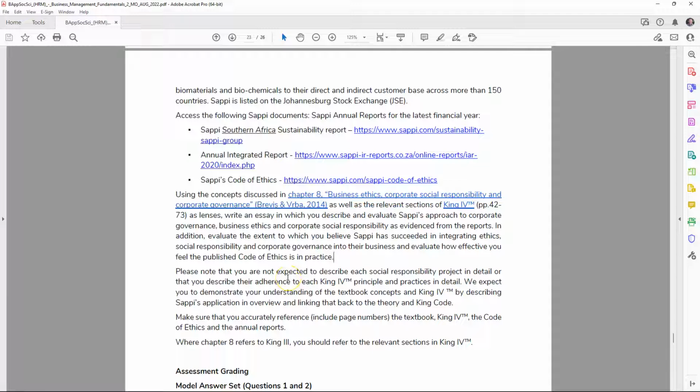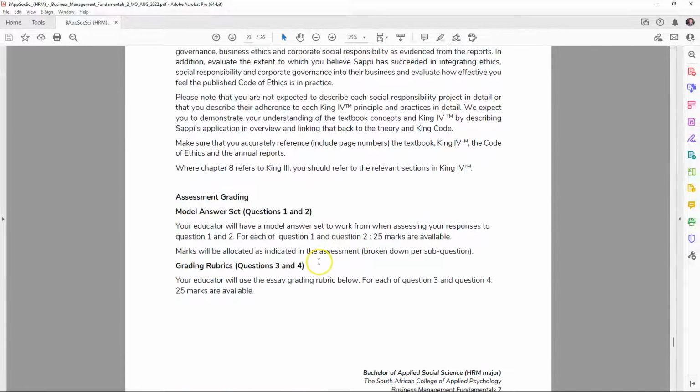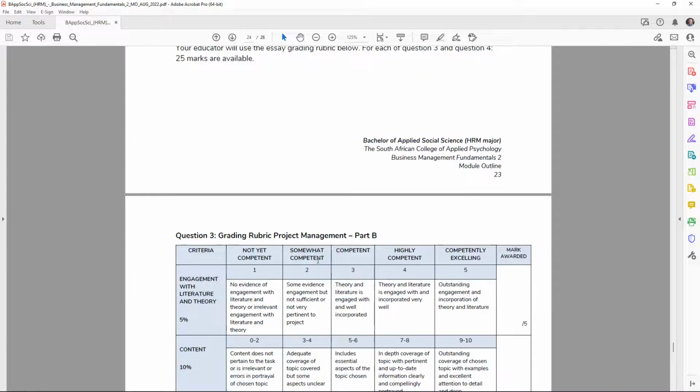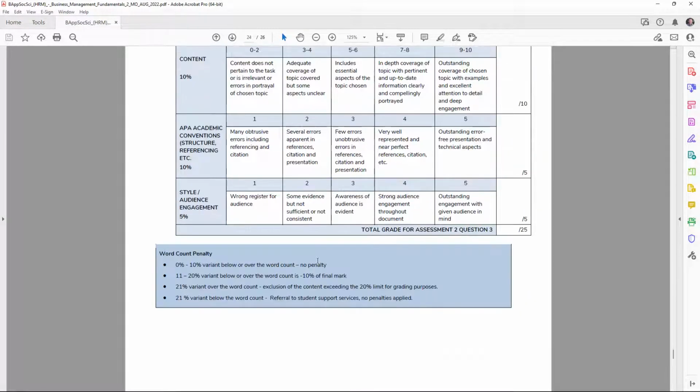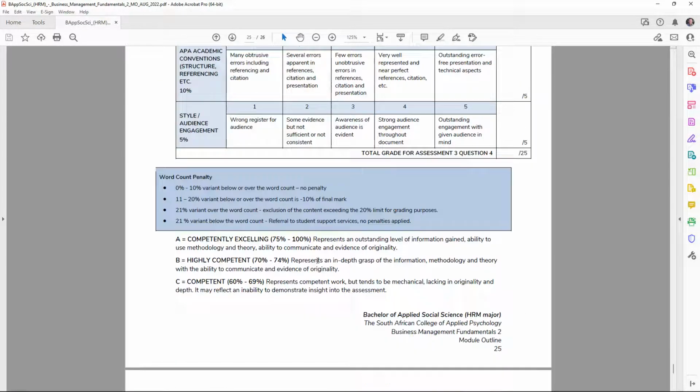And I've also got, I can't remember everything that I did now, but you've got the material that I shared with you in the presentations around King IV and the related issues in weeks 8 and 9. So for the grading, you can go through the module outline yourself, and there are the grading rubrics around this.